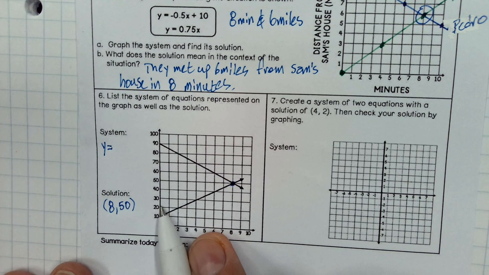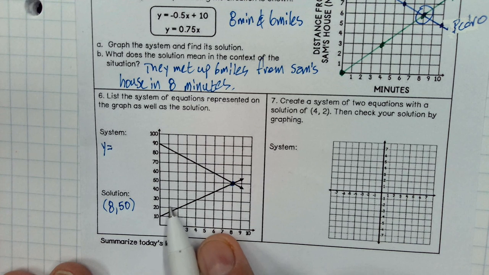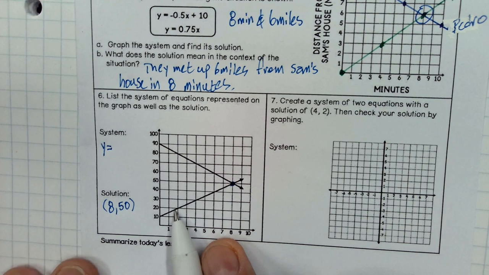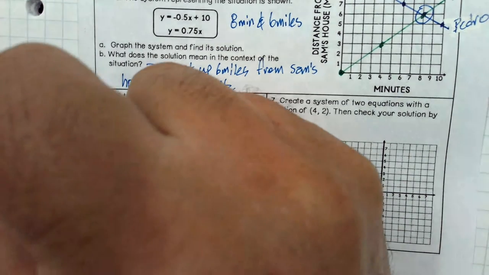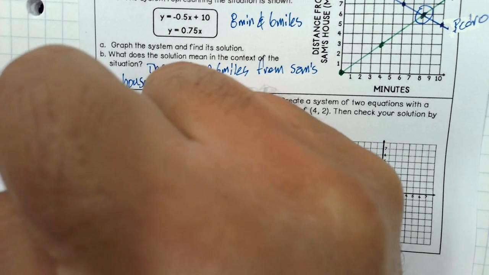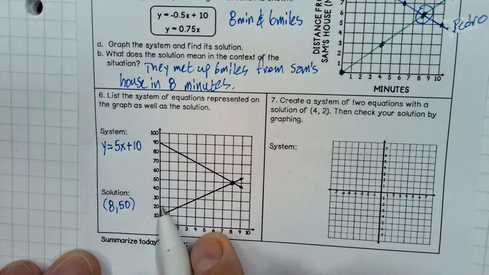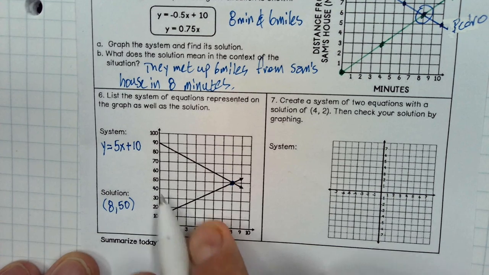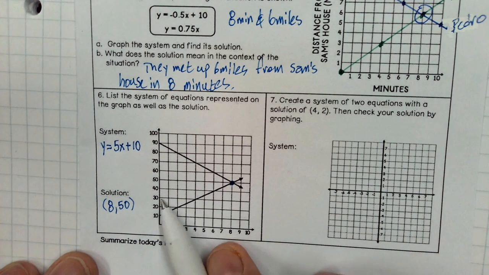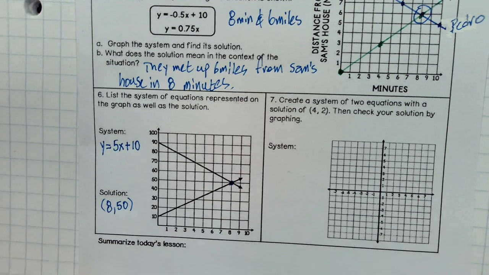Going up 1 is actually what? 10. 10 over 2 would be 5. So y equals 5x plus 10. Okay. So we got that one. The slope is 10 over 2, which is 5, so 5x plus 10.